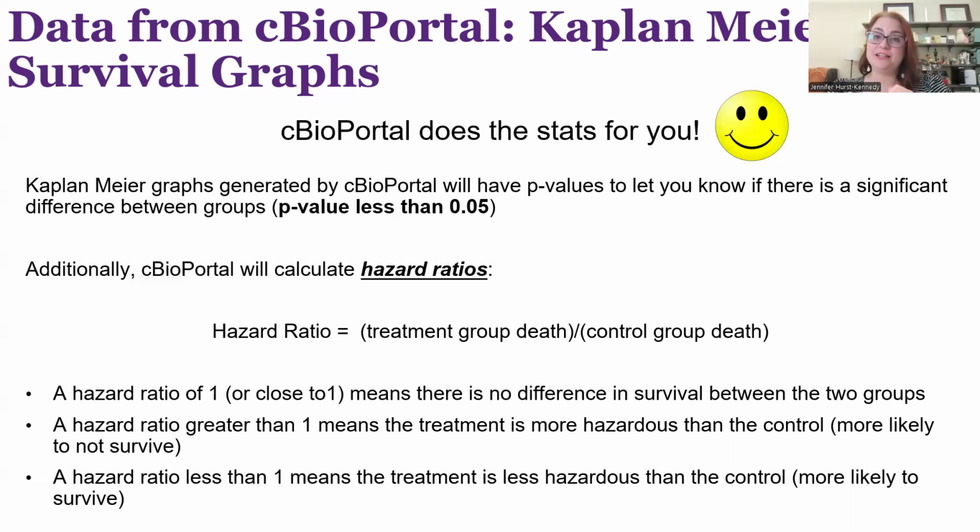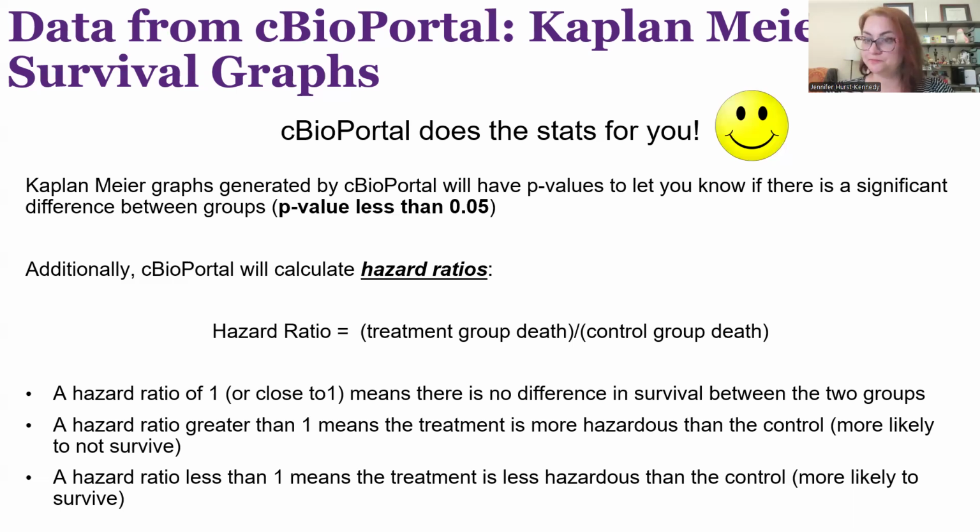However, if your number is much greater than 1, then it indicates that the treatment group has more death, and therefore we would say it's more hazardous, so they have weaker survival. Conversely, if your value is less than 1, then there's more death in your control than treatment, and your treatment is then considered less hazardous, and those patients will be more likely to survive.